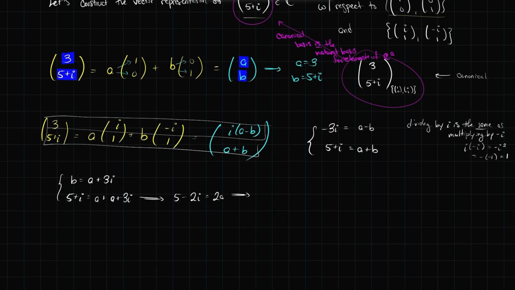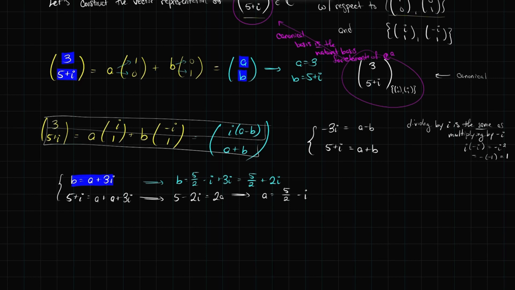Or if I divide by 2, I can distribute that to both the real and imaginary part. I recover that a is 5/2 − i. So I found a. And then if I utilize this along with a, I can find b: b is 5/2 − i + 3i, and I recover 5/2 + 2i for b. So now I've found a and b.